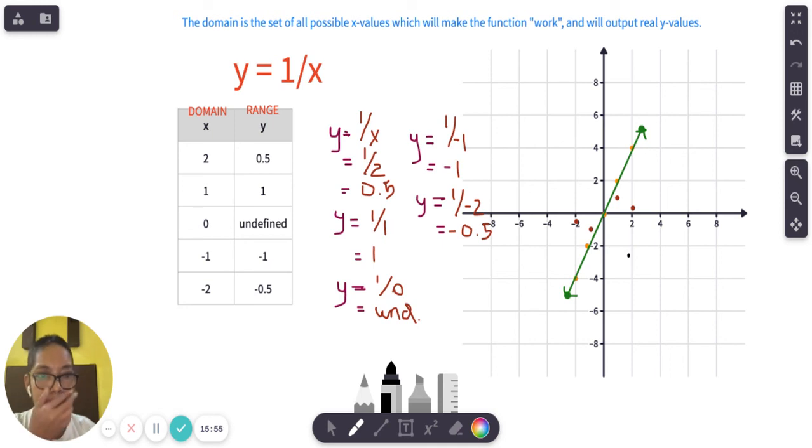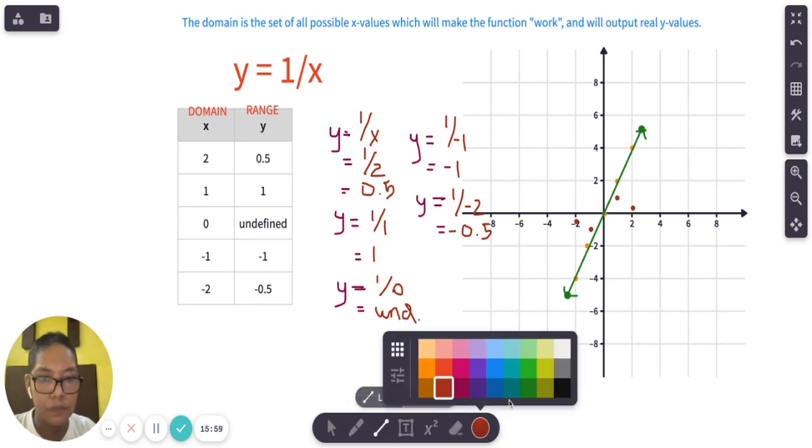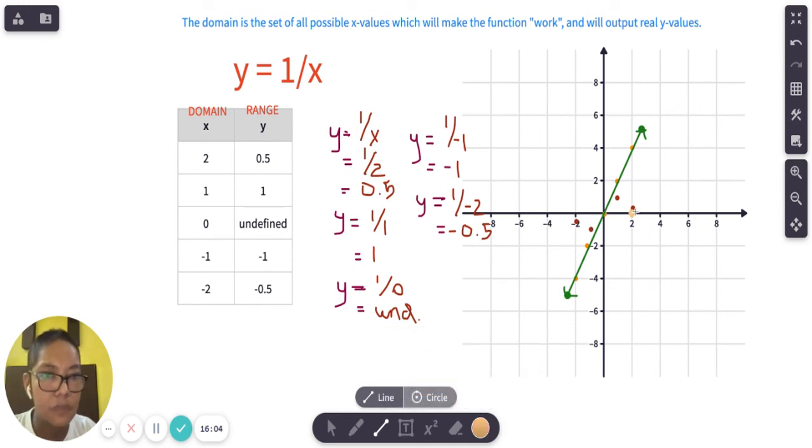Ayan po siya. So, kung manonotice nyo po, yung graph nyo, pag ganun. Tapos ito naman, pag ganun. Wala po siyang value sa y-axis. So, cute niya, no? So, pag ganyan po yan.